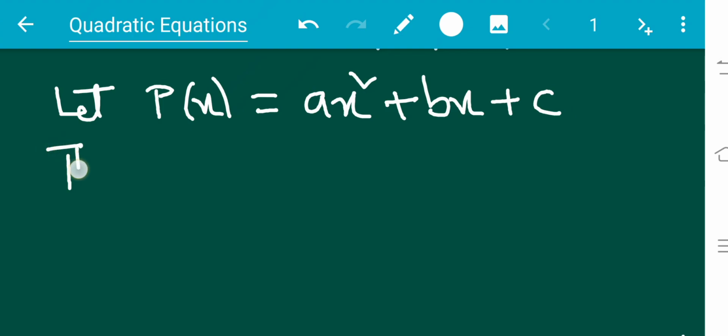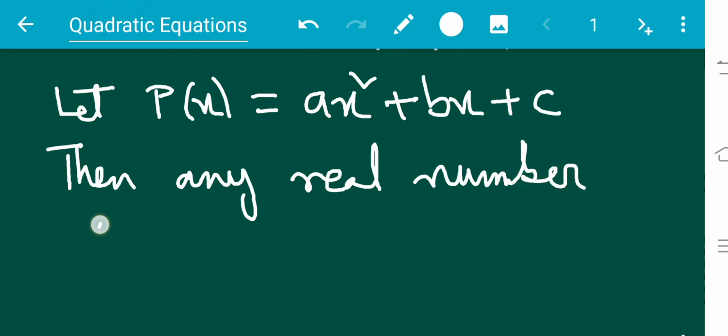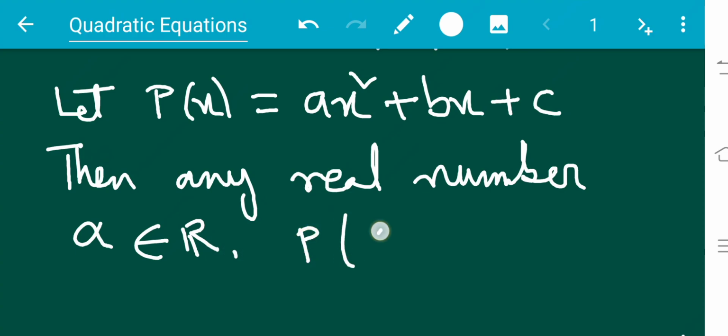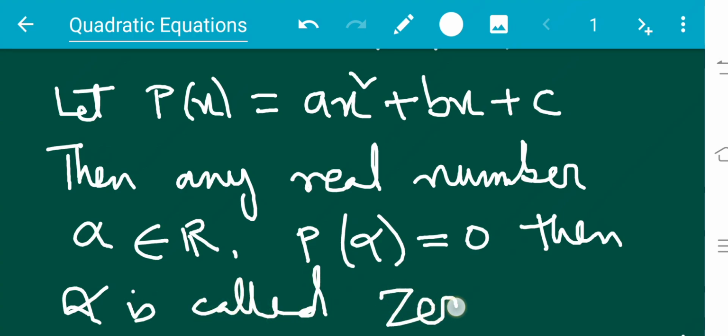Then any real number alpha belonging to R such that p of alpha is equal to 0, alpha is called a zero of the polynomial p(x).